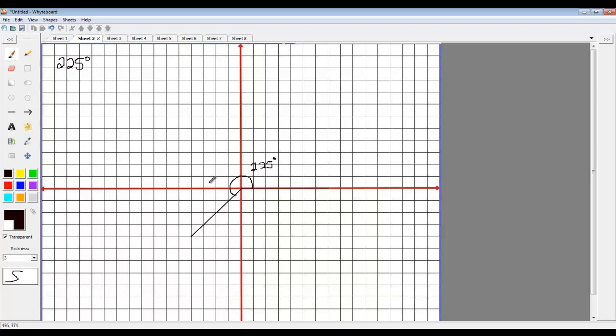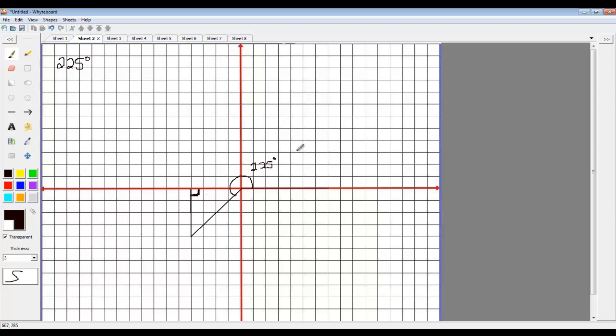Let's say that we draw ourselves a right triangle, a reference triangle here in quadrant 3, where the terminal side of this angle was. Let's go ahead and draw a perpendicular from the end of this segment to the x-axis, in essence making a right angle right here.